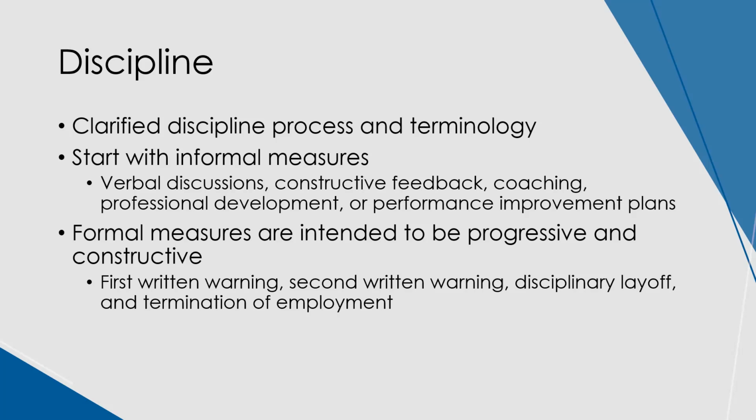This doesn't prevent corrective action extending beyond the first and second warnings if it's egregious enough to warrant more immediate action. But in most cases, we'll see an opportunity to provide a first written warning that comes after those informal measures. And if the behavior or the issue we're trying to address isn't resolved after a first written warning, then a second written warning can be utilized, and then discipline will progress from there.